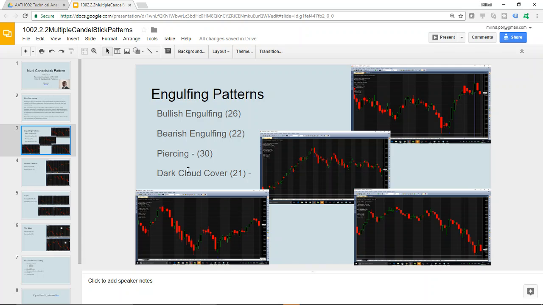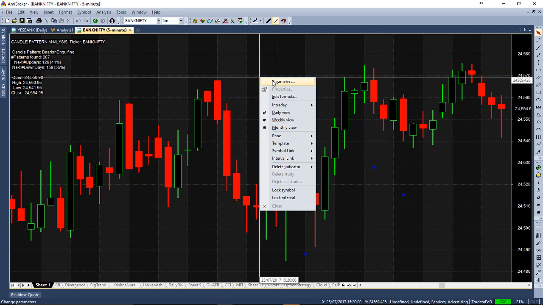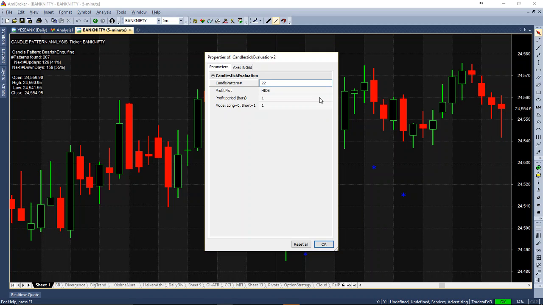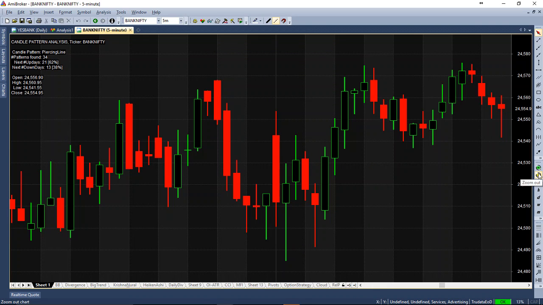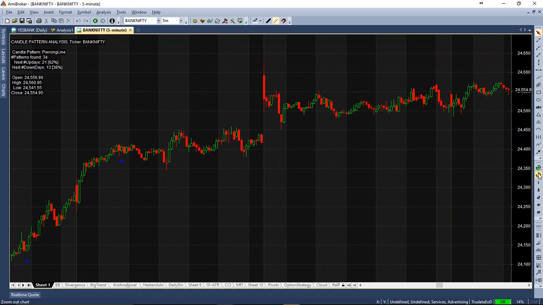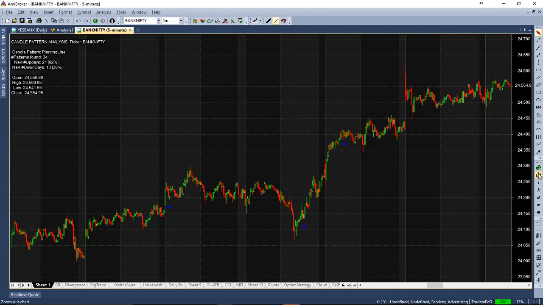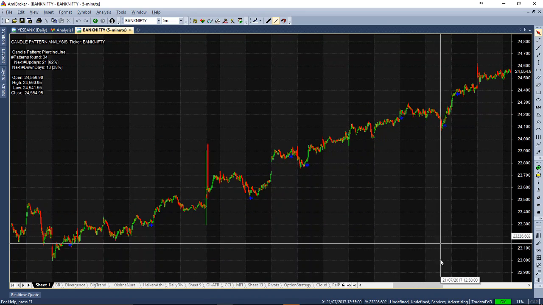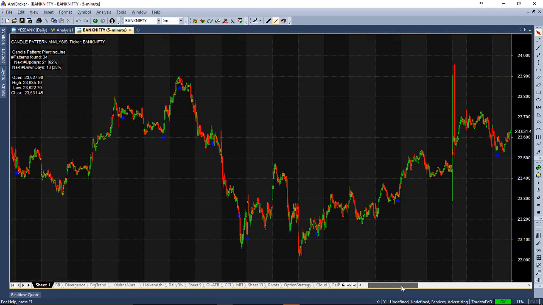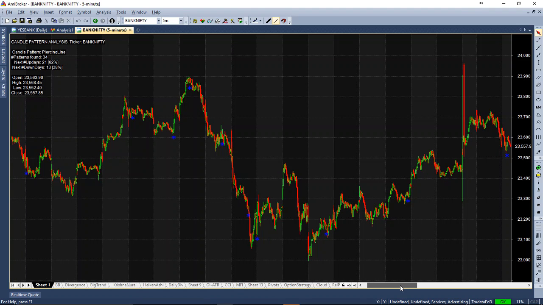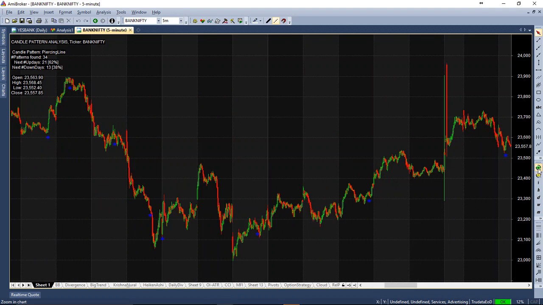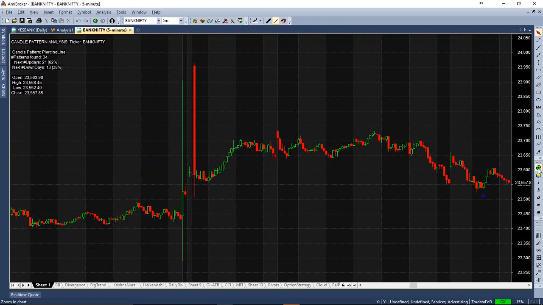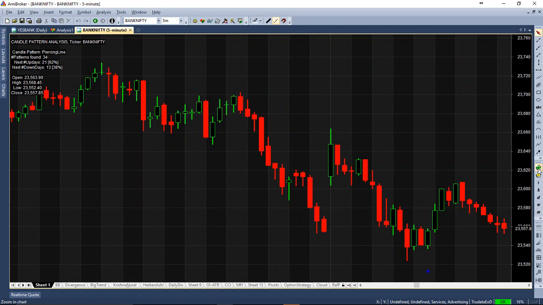Now let's look at piercing and dark cloud cover. The difference between piercing and dark cloud cover is that these are exactly the same, except that the bulls don't have sufficient power to actually take over the complete candle. For example, I am showing you the piercing on Bank Nifty. You have a down move here.